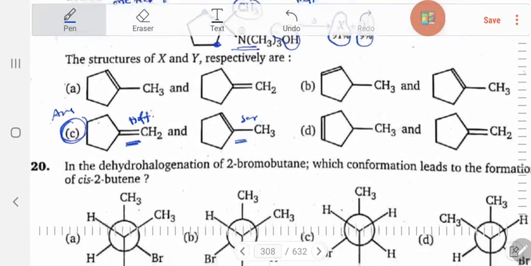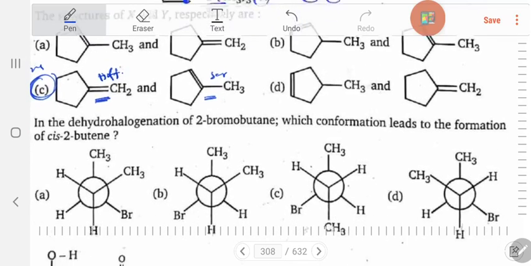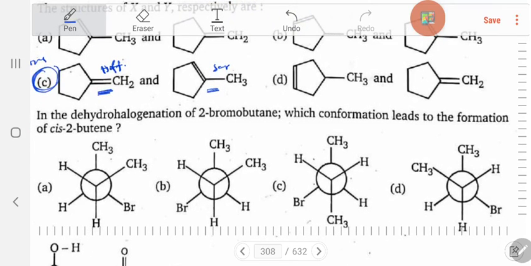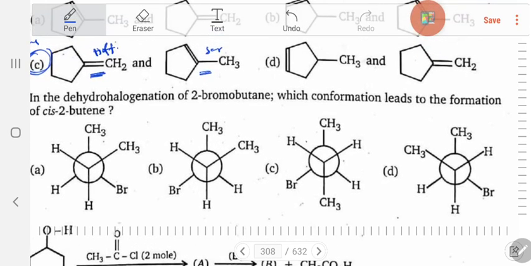Next. Question number 20. In the dehydrohalogenation of 2-bromobutane, which conformation leads to formation of cis-2-butene? So among them, where is cis-2-butene obtained?